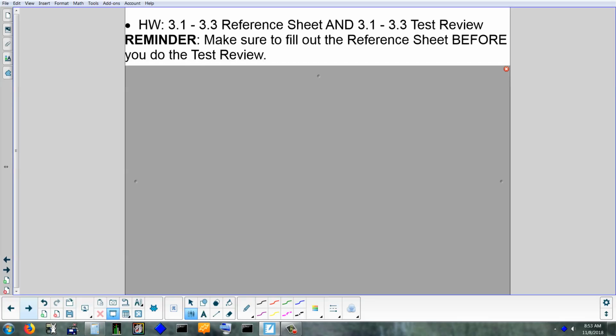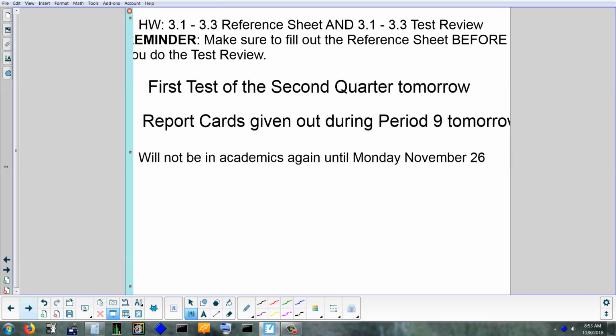And the test review. Guys, the test review was a couple pages. The only reason being was, again, there's a lot of graphs and stuff we had to fit on there. That's why it's more than 1 page. Like we've said for the last 4th or 5th test, make sure you fill out the reference sheet first before you do the test review. That way you can put the examples on there. Alright?